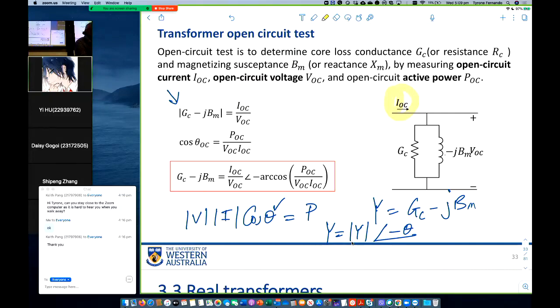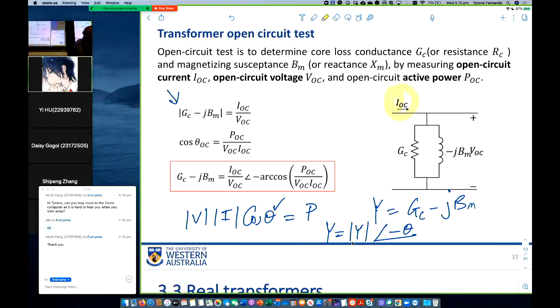So think about impedance Z. Think about a voltage that appears across the Z. Think about the current that flows into the Z. We'll take the voltage as our reference. So we'll say V angle 0 is the voltage that appears across the Z.